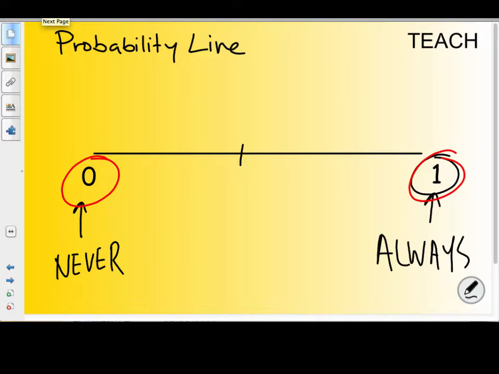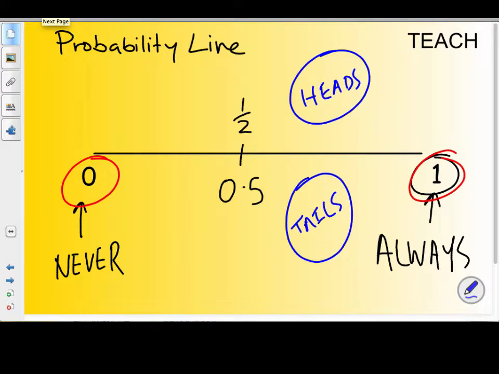If it's halfway, you can call that half a chance, or 0.5. Then there's 50-50, like tossing a coin. It could be heads, it could be tails. There's a 50-50, halfway, 0.5 chance.